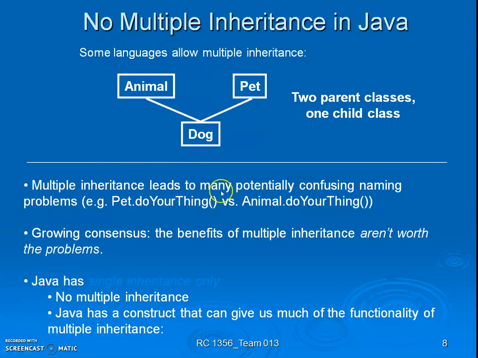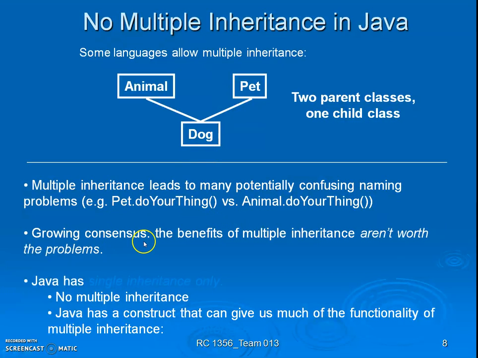Multiple inheritance leads to many potentially confusing naming problems. For example, if you have a method called do your thing in the Animal class and do your thing in the Pet class, and the Dog class is inherited from both classes, then the do your thing method inherited from Pet as well as Animal has to be available in the same Dog class.